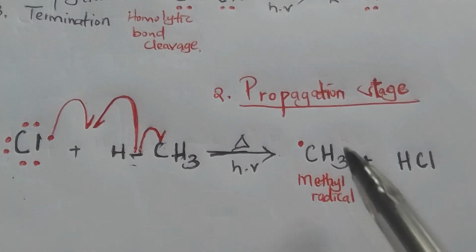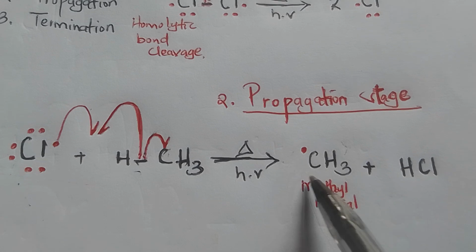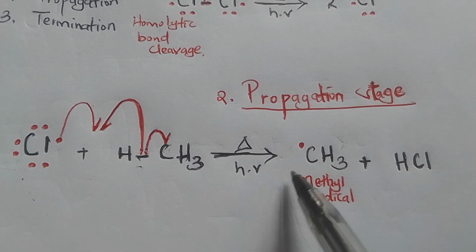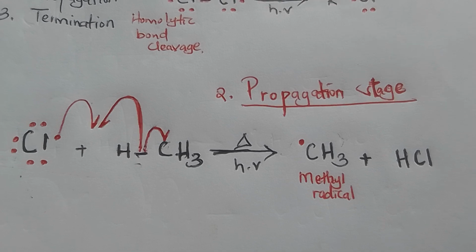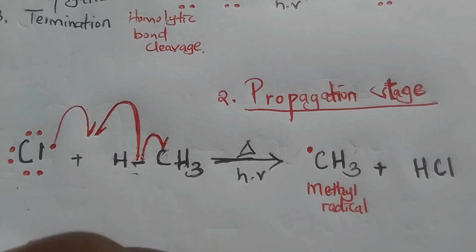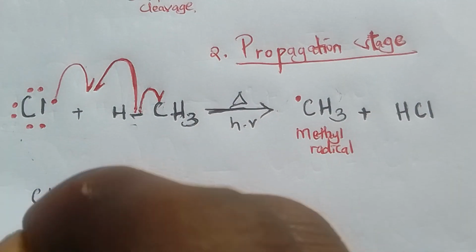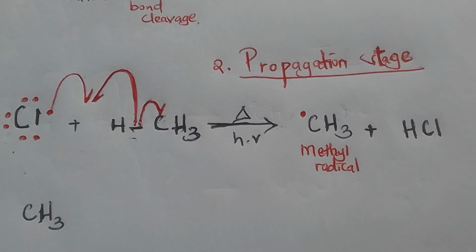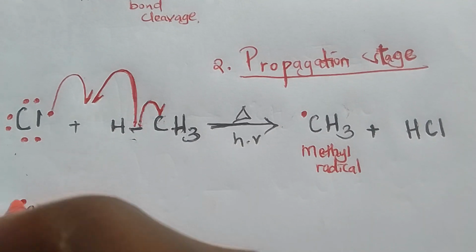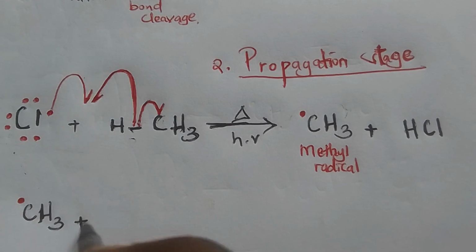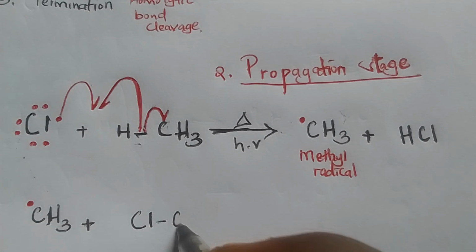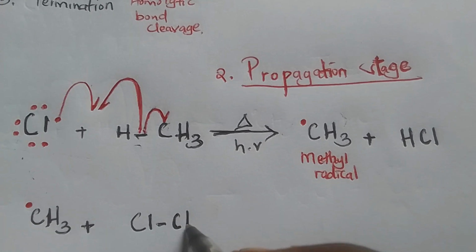Then remember, in that system again there is more and more of the methyl radical. The methyl radical formed has the ability again to react with one of the chlorines from the chlorine molecule.